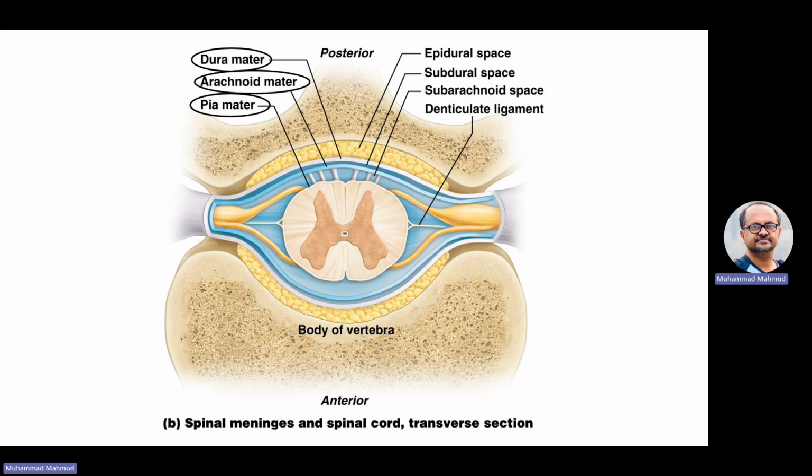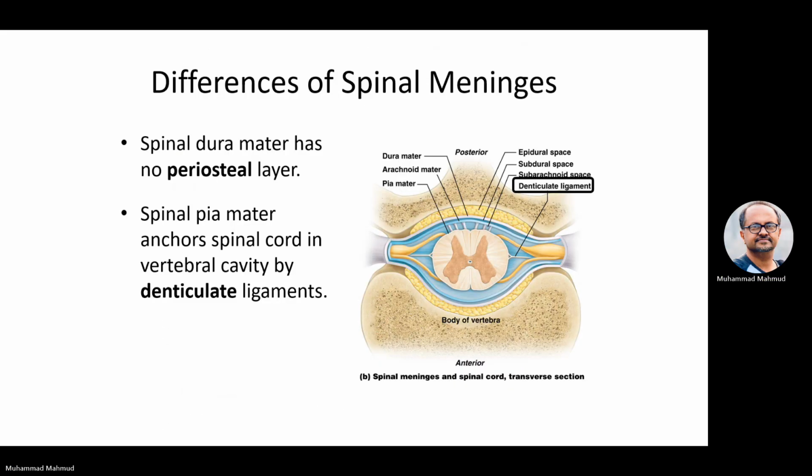There are some ligaments called denticulate ligaments connecting this spinal cord to the nerves. Spinal dura mater has no periosteal layer. There's periosteum, that's the covering of the bones. Spinal pia mater anchors spinal cord in vertebral cavity by denticulate ligaments.